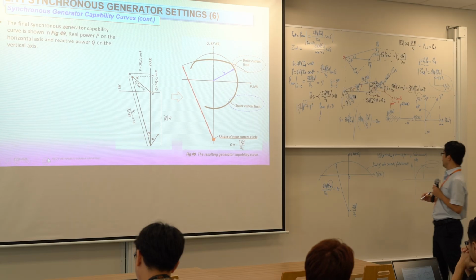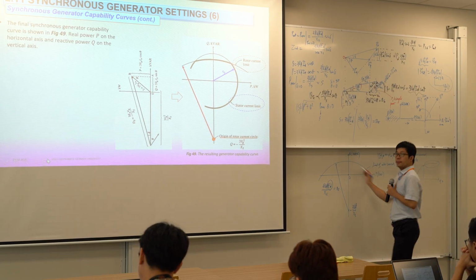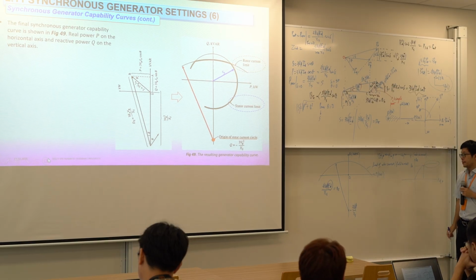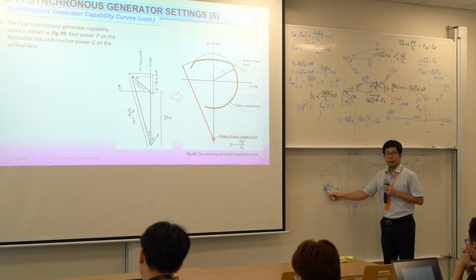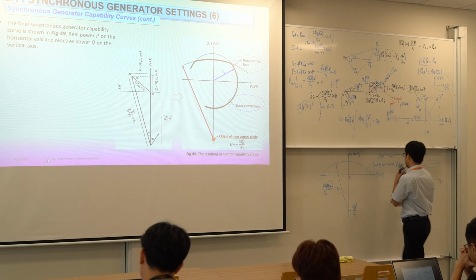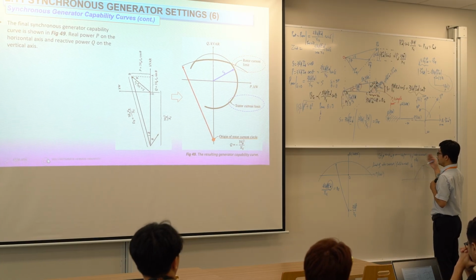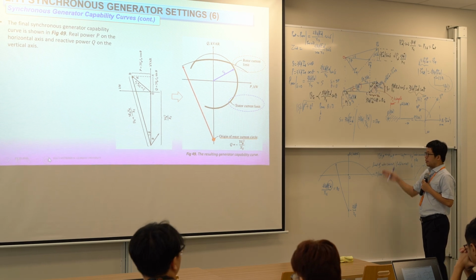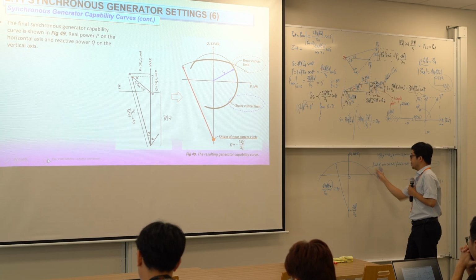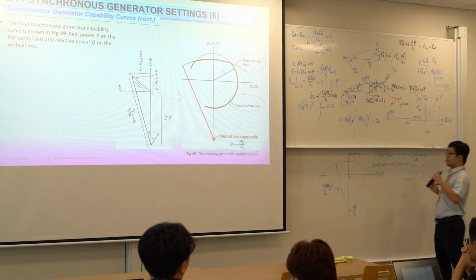Do you agree with me? This curve, right? V phase is always constant, Xs is constant. If IF changes and we continue to increase IF, after some value you get IA max, and you need to stop. So these boundaries are for the limitation of rotor current.